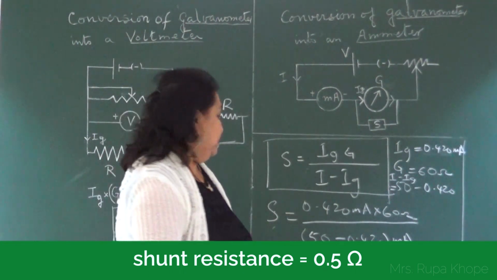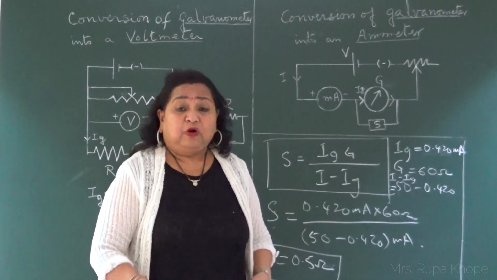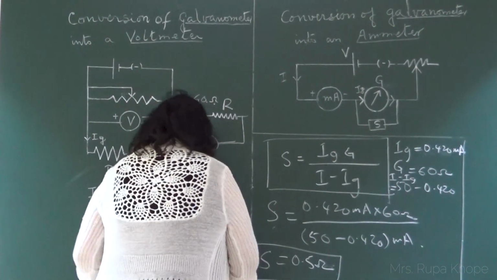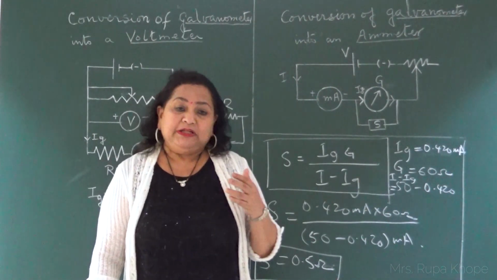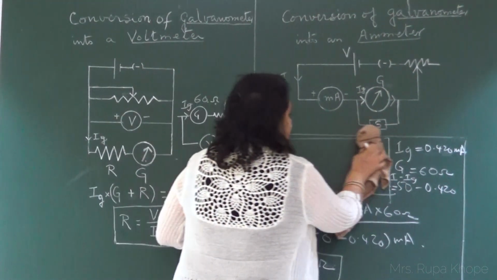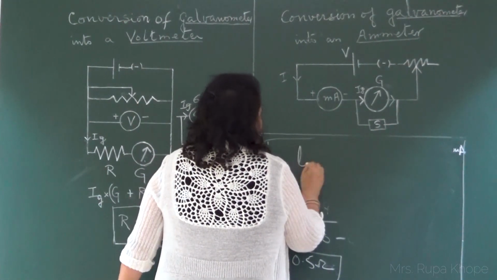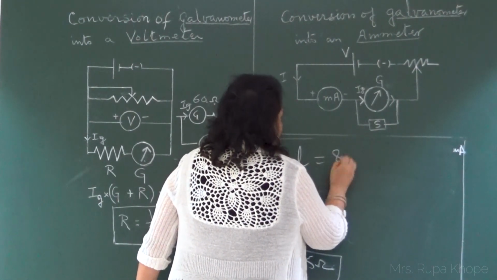Now what we need to do is find out what will be the length of the wire. I'll just rub this out and show you what happens. L is equal to question mark.